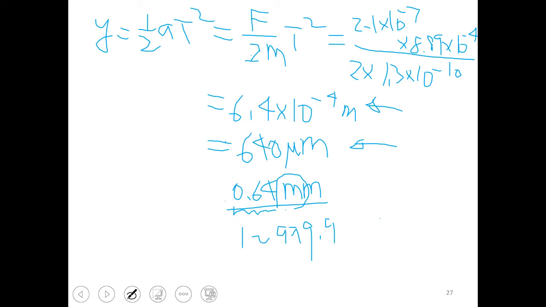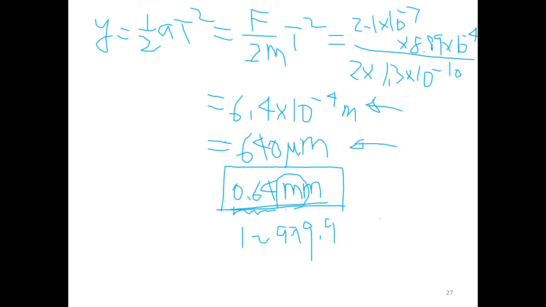But this is actually okay. Just don't make it 0.000 millimeter. This is not so good.